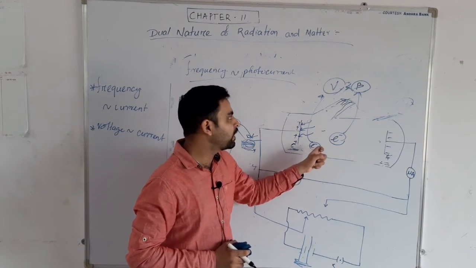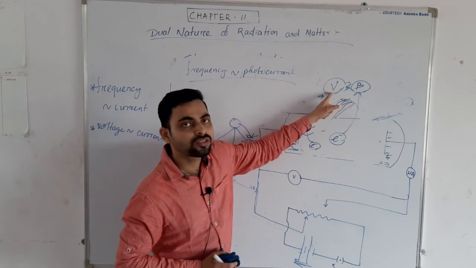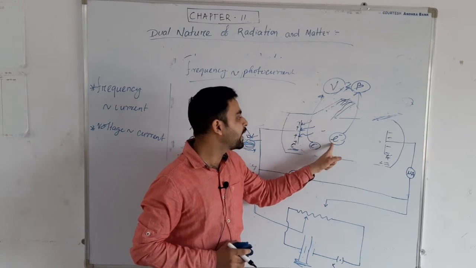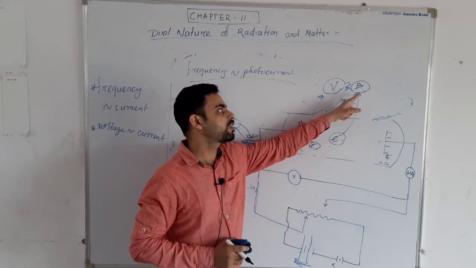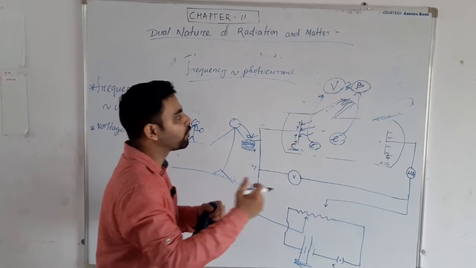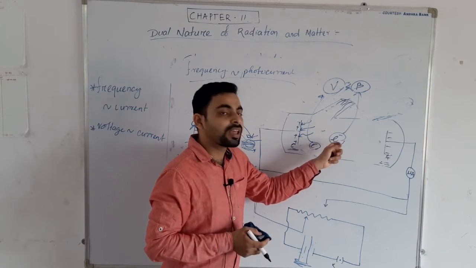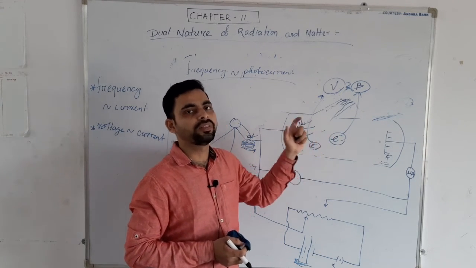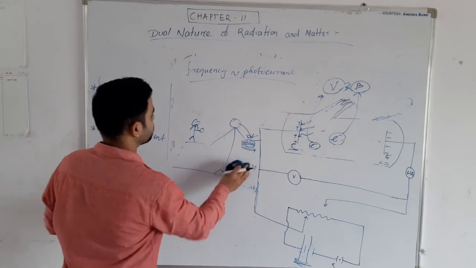Electrons emitted by this violet color have less energy as compared to electrons emitted by this beta color. Okay, so if we increase the frequency, electrons emitted have more energy, they will gain more energy.